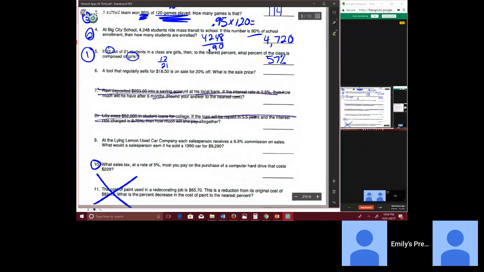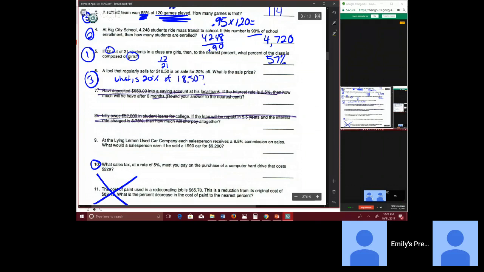And then a tool that regularly sells for $18.50 is on sale for 20% off. What is the sale price? This one's got a couple of tricks to it. It is a 3, and it's a 3 because ultimately what we need to know, at least to start out, is what is 20% of $18.50.